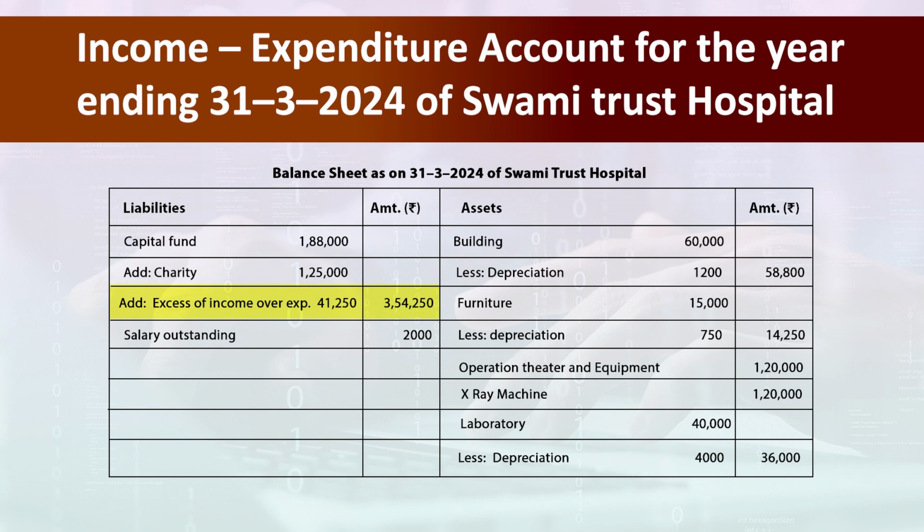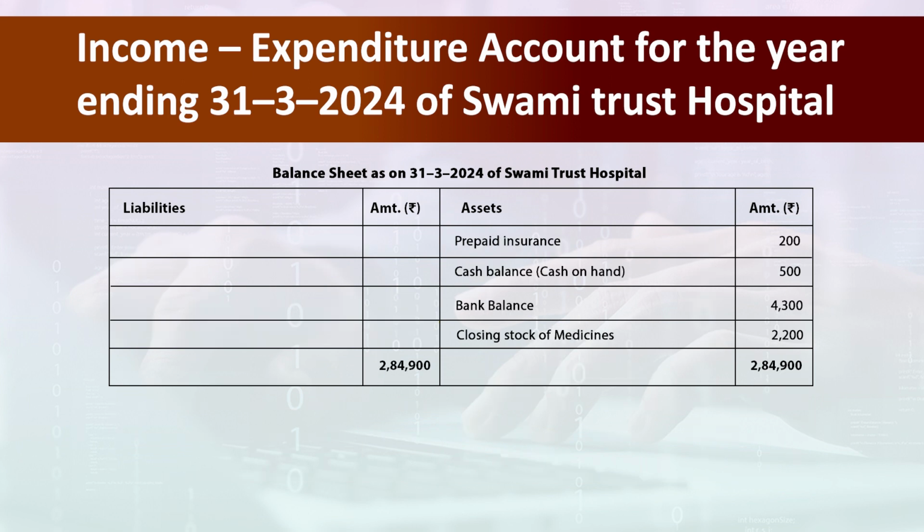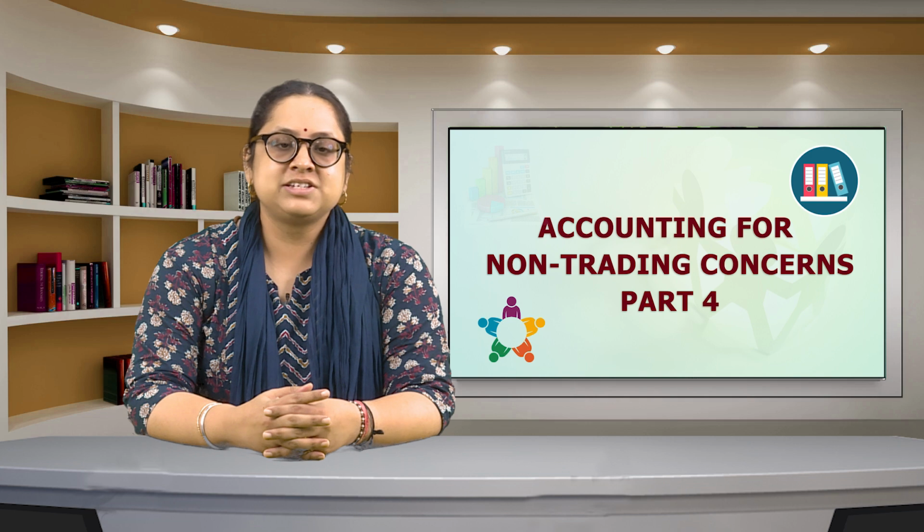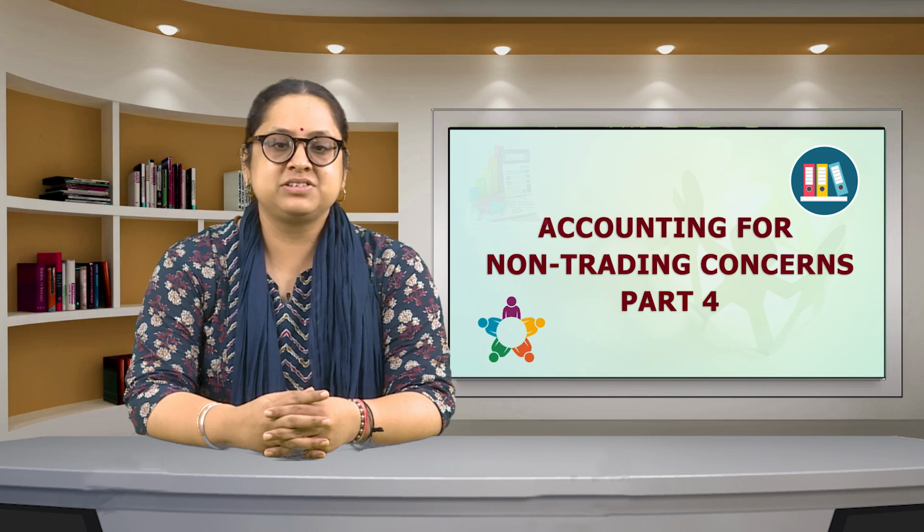The overall amount or the total amount recorded for capital fund is rupees 3,54,250. The salary outstanding is rupees 2,000. The total of the balance sheet is 2,84,900.